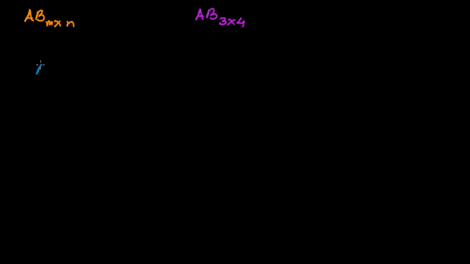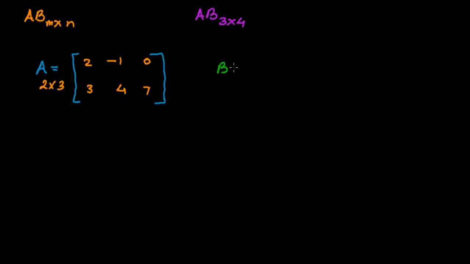We have a matrix A. The elements are 2, -1, 0, 3, 4, 7. The order of this matrix is 2 rows and 3 columns, so 2 by 3.